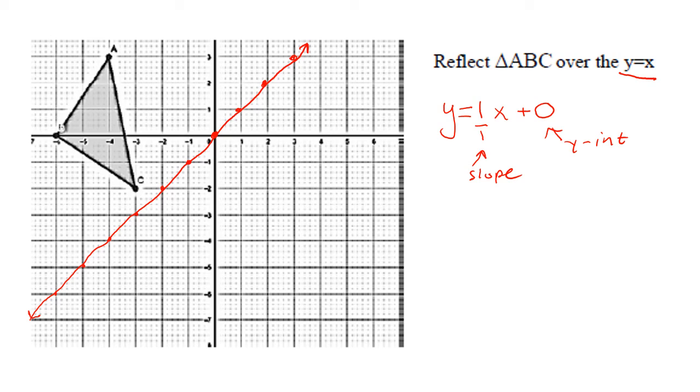So if we think about when we were reflecting across an axis, we were counting exactly how many units it was away from that line.